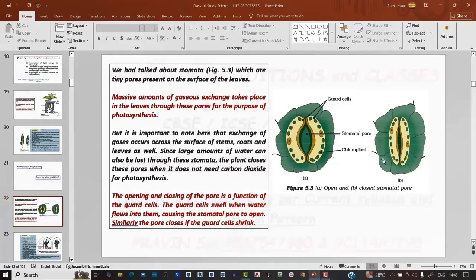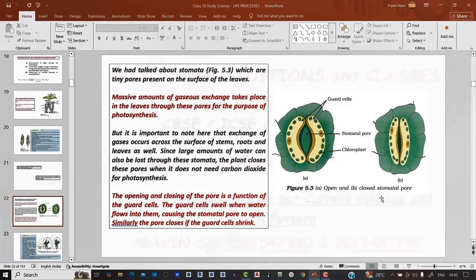Now, making this stomatal pore open and close is the function of guard cells. When water flows into the guard cells, they swell, and because of the swelling, the stomatal pores open like this.